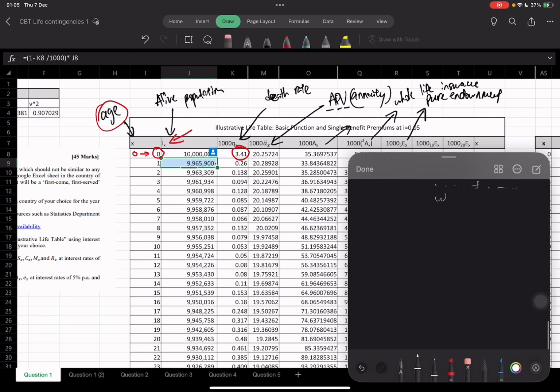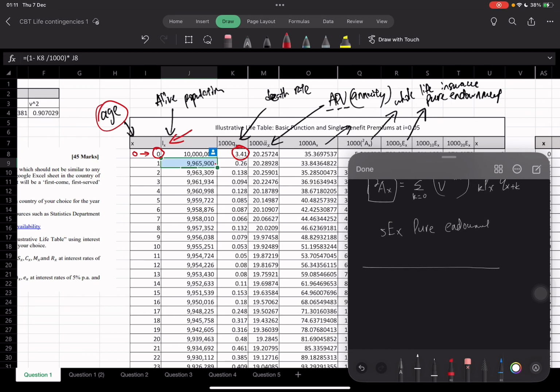For the table, we can obtain the APV of annuity with the formula 1 minus whole life insurance, divided by the discount factor. We can know that the discount factor is 5Ex. 5Ex is a pure endowment.